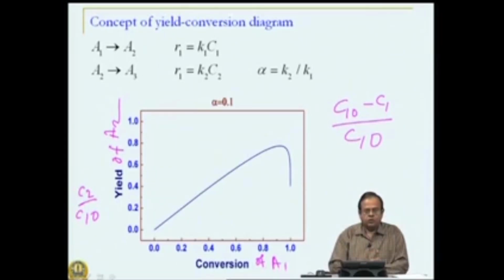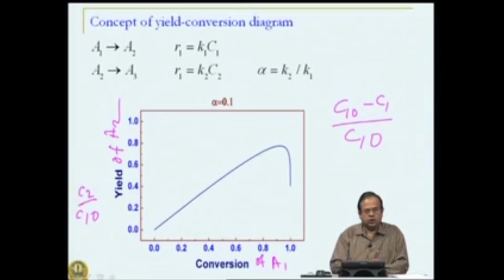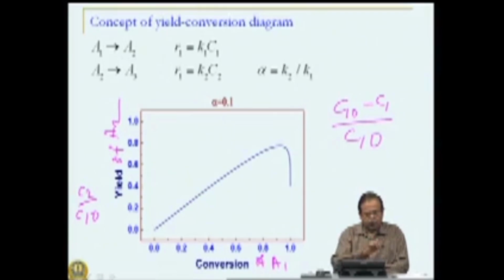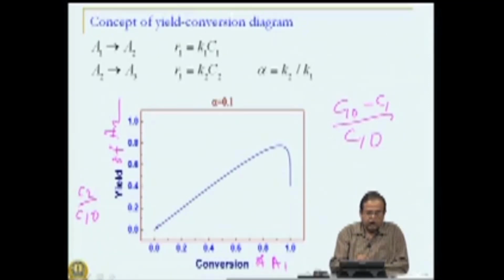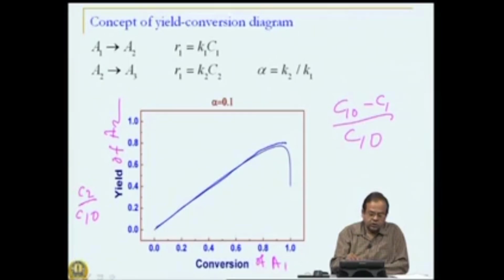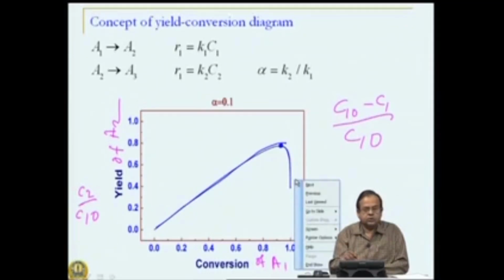And what do we see here? As conversion is increasing, the yield is also increasing. So, that means as more and more of A1 is getting converted, we are getting more and more of A2. But this increase is halted at a certain value of conversion, let us say this particular value, where it reaches the peak, and for any conversion of A1 beyond this value, the yield of A2 actually decreases.